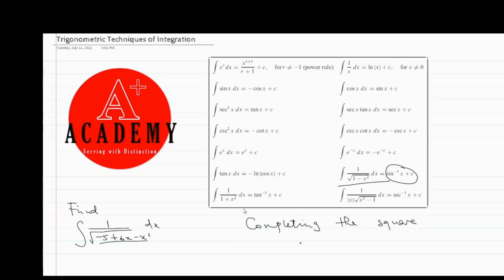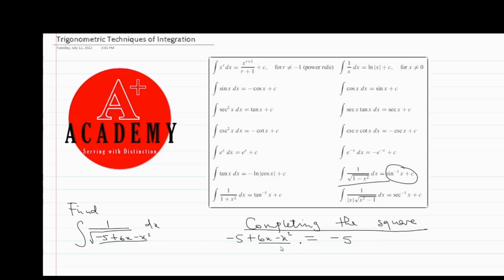Completing the square. Now in this case, we are going to focus on the -5 plus 6x minus x squared. To do this, we'll consider these two terms here, which form a quadratic expression. So we have -5, we keep that one, and we are going to complete the square on this part of the quadratic expression.